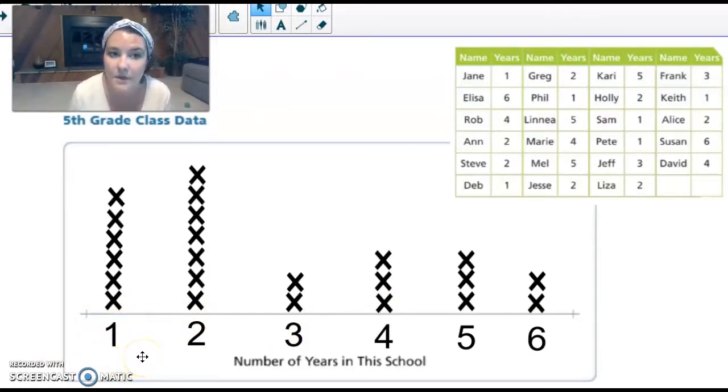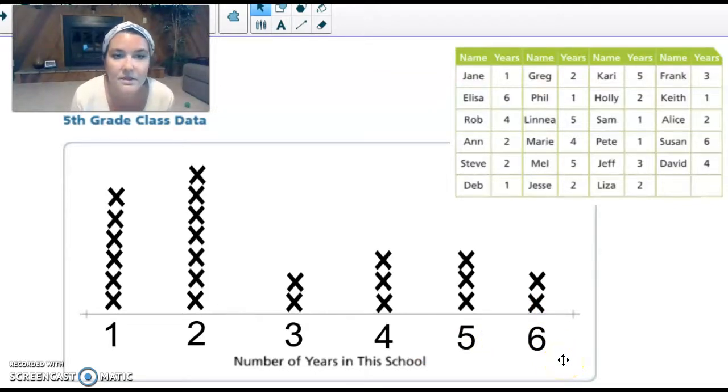So what is the most number of years represented on this line plot? You're right, 6. Again, I asked you about the number of years, and the most number of years represented on this line plot is 6, okay?